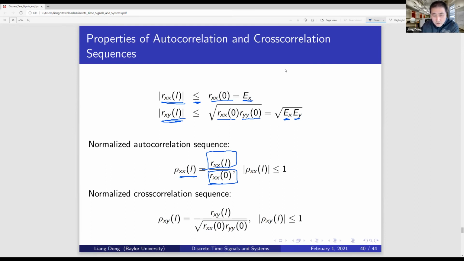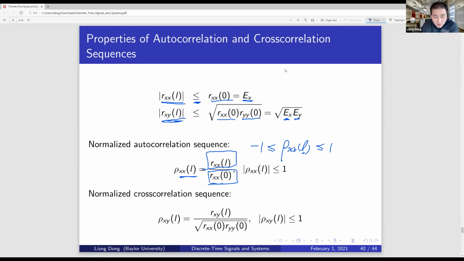When I check the autocorrelation, I can check this normalized value, because it's bounded between -1 and 1. If the value of rho becomes 1, then I know the autocorrelation at this lag L is maximized. If it's equal to -1, I know that with a lag of L, the signal is exactly the opposite of myself. So it's always between -1 and 1.